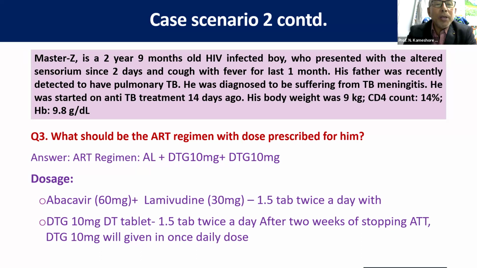So abacavir, lamivudine 60/30 tablets, 1.5 tablets twice daily, with dolutegravir 10 milligram DT, 1.5 tablets twice a day. The twice daily dosing of dolutegravir is to be continued for 2 weeks after stopping ATT. After that, DTG is given once daily.